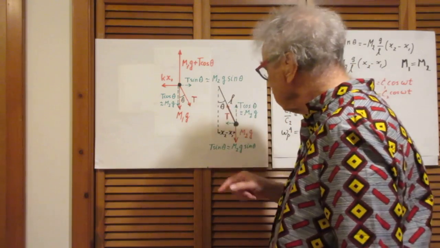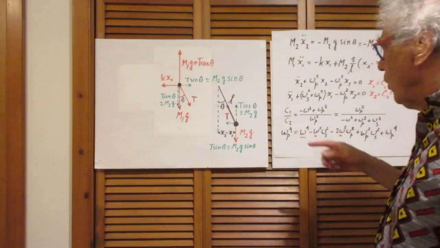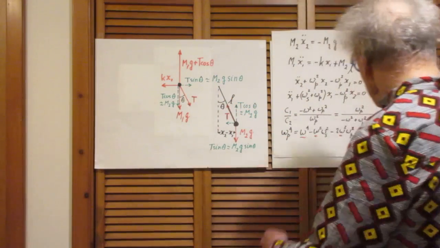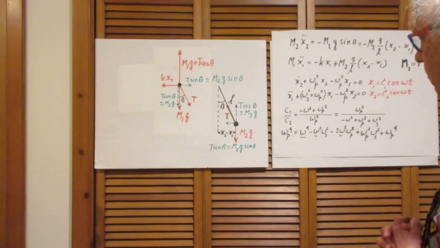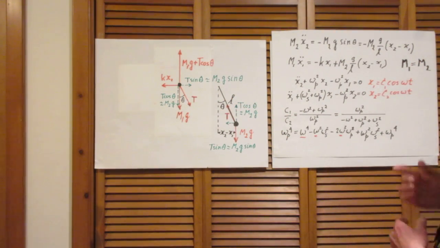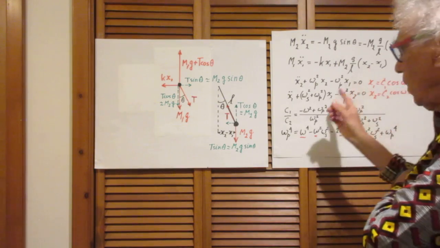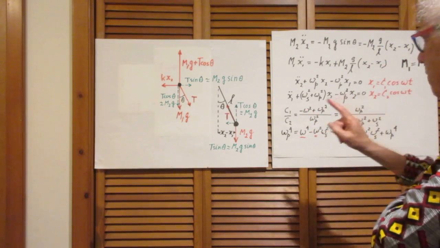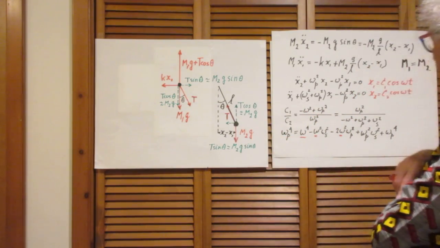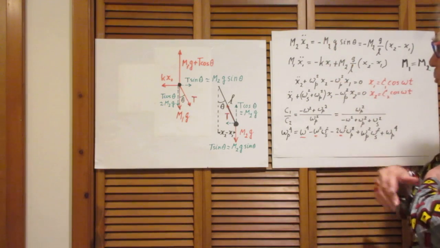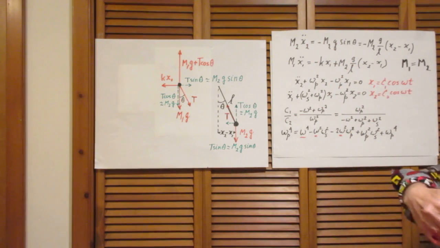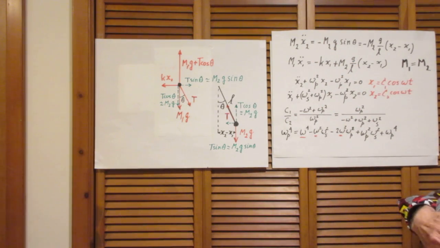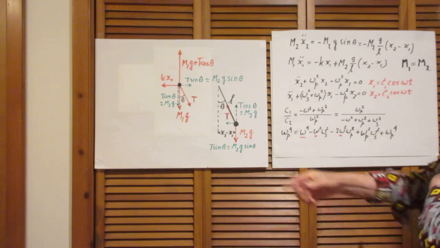So now we are going to write down the equations of motion for each system. Let's start with m2. So m2 x2 double dot, which is the second derivative of x2, that is the acceleration of this object.